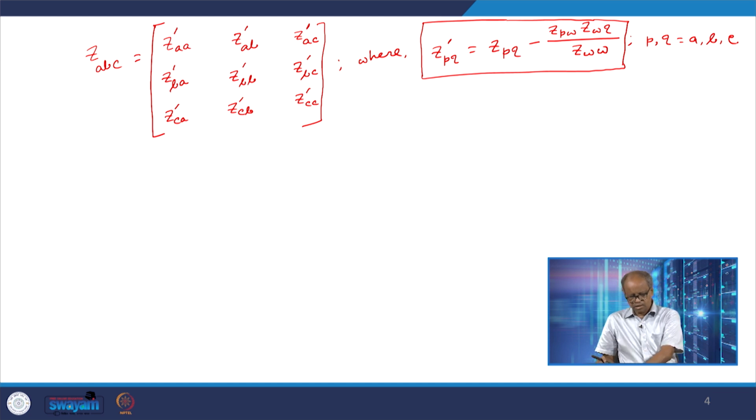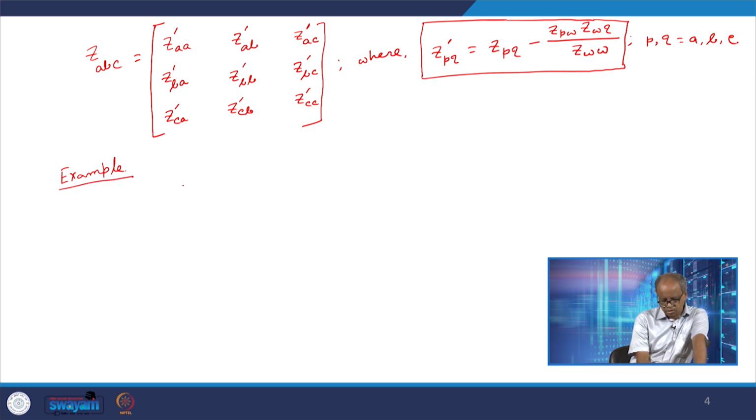Now let us take an example. We will take the earlier example, which was like this. So this was actually the ground conductor, but so far in our calculation we have not considered this, and this is the ground.